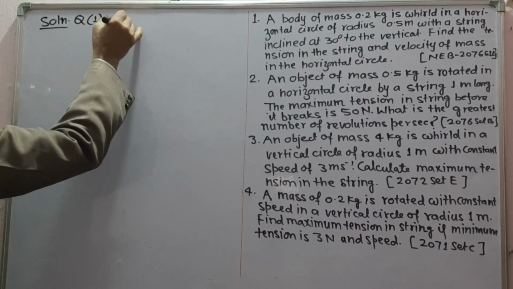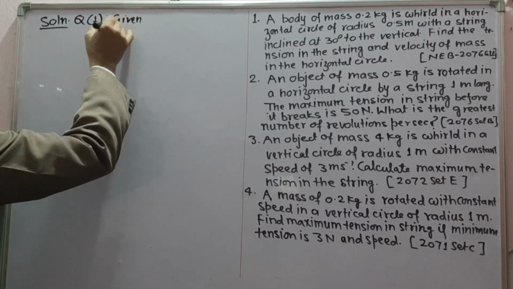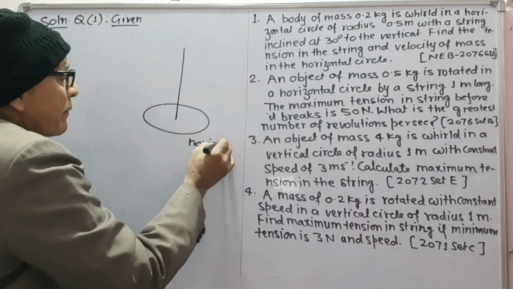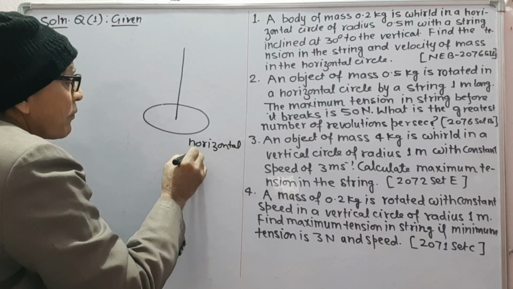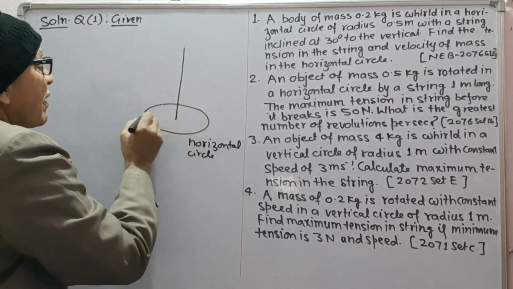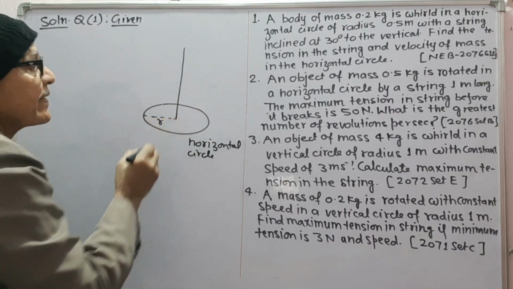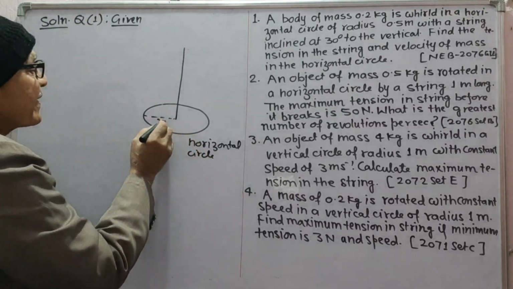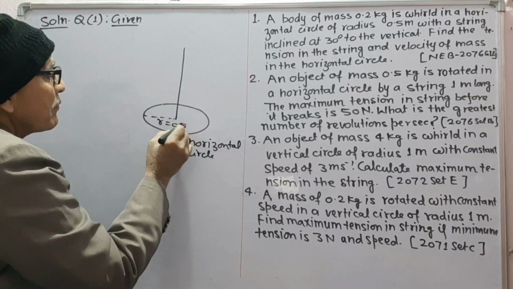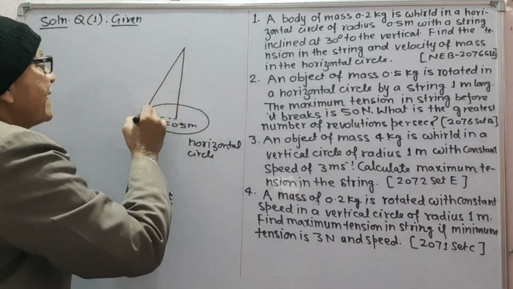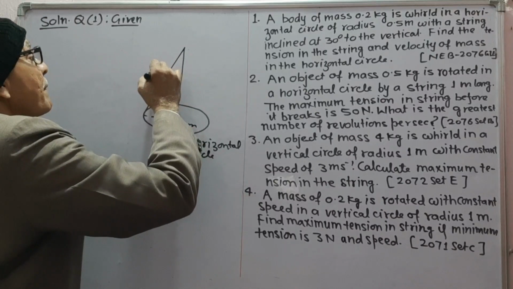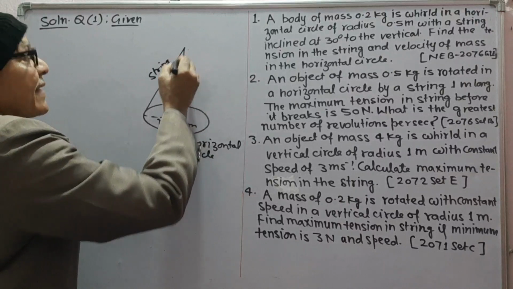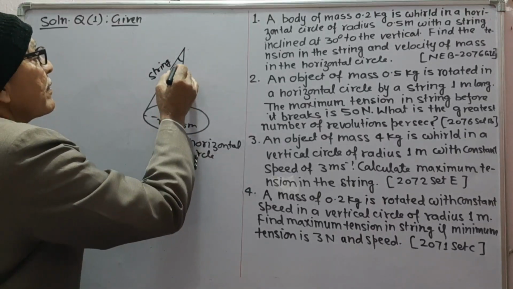Given: horizontal circle, its radius is 0.5 meter. It is string which is inclined at 30 degree with the vertical.